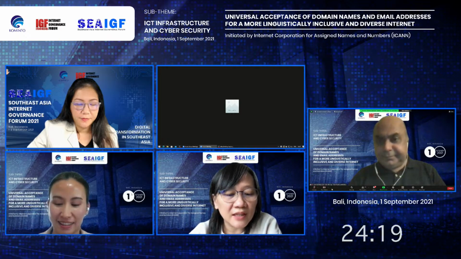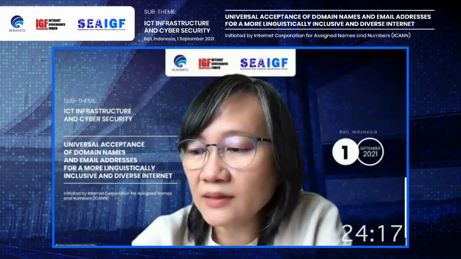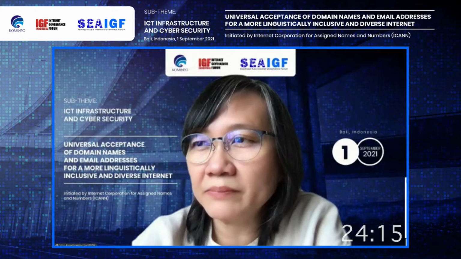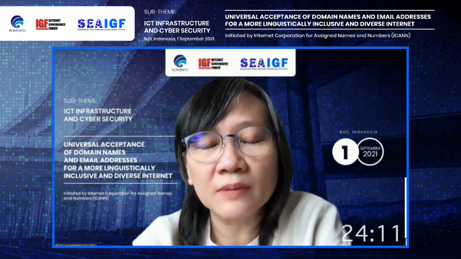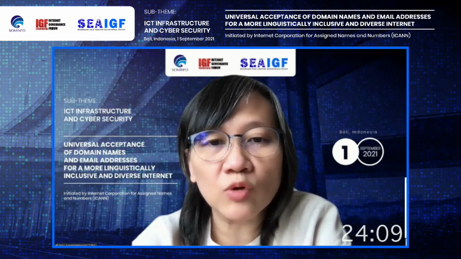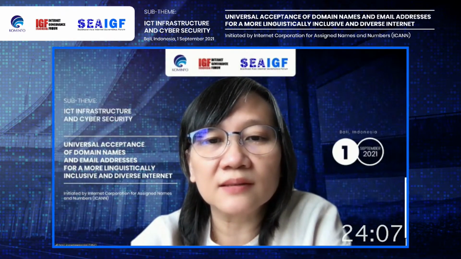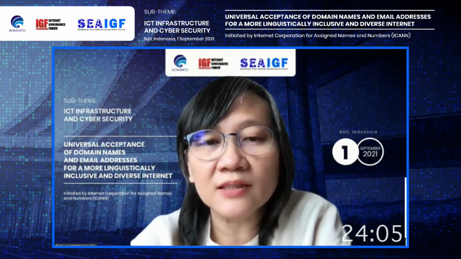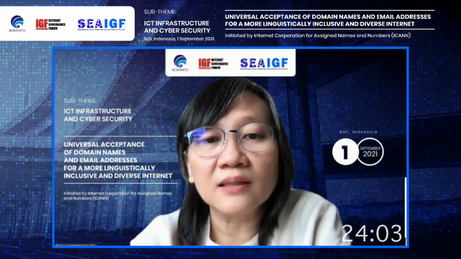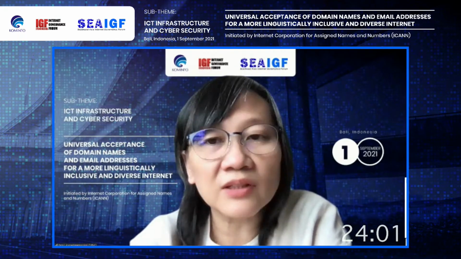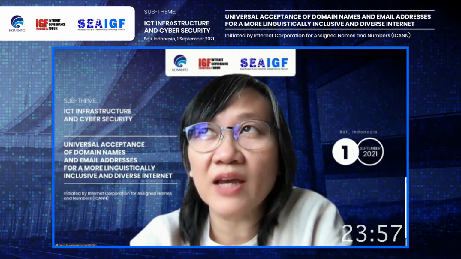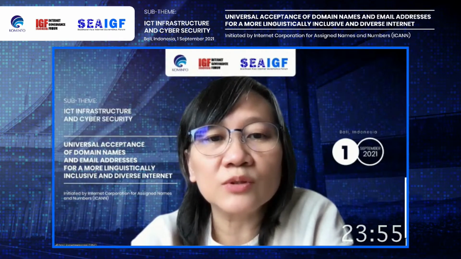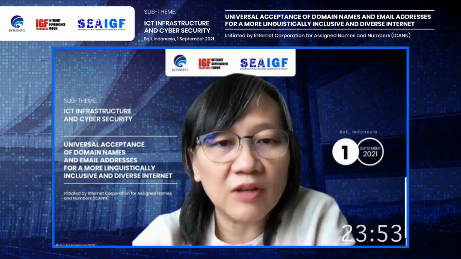Yeah, as I mentioned, some big platforms, like social media platforms such as Facebook, are not UA ready yet. And I heard that ICANN or UASG is trying to reach out to those platforms like Facebook.